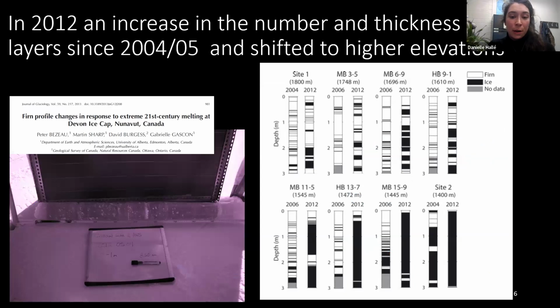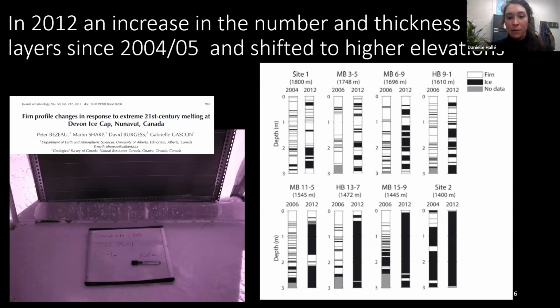So some motivation and background for my work. Also in 2012, a group of glaciologists drilled into Devon Ice Cap. And here they were trying to understand the changes in the shallow firn layer from 2004 and 2006 and compared their firn cores in 2012.